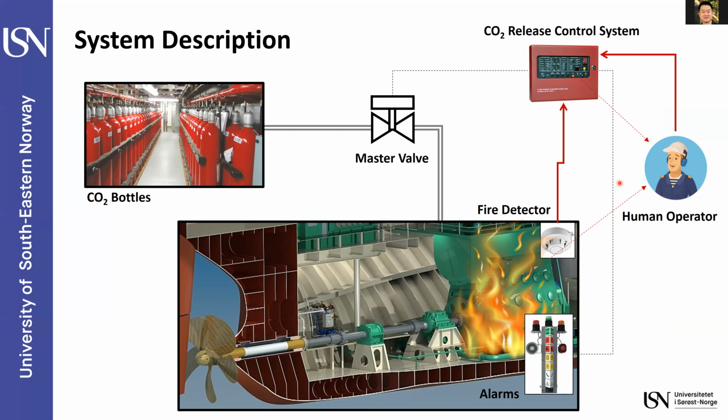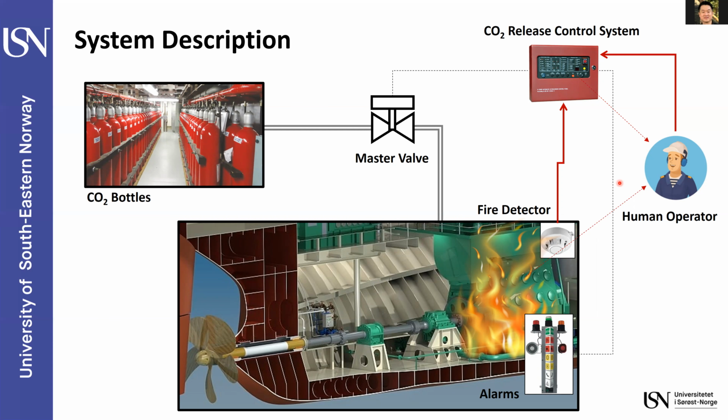CO2 is a very strong and effective method to extinguish the fire, but at the same time, it is very dangerous to humans. If there is anyone inside the engine room when the CO2 is released, they will definitely die.